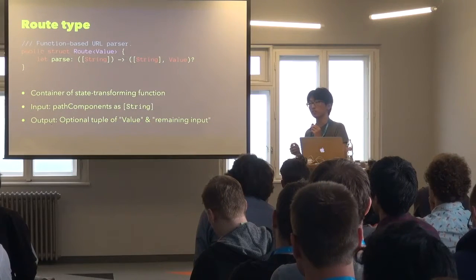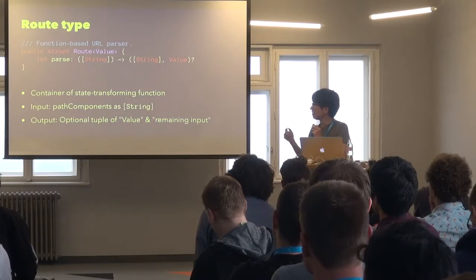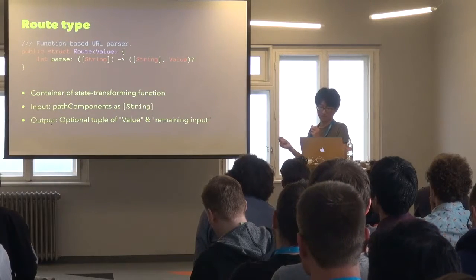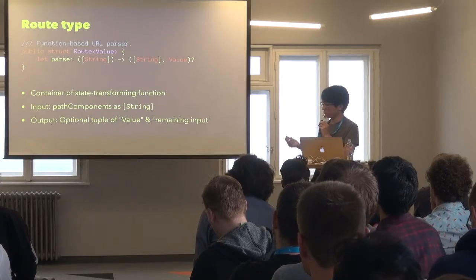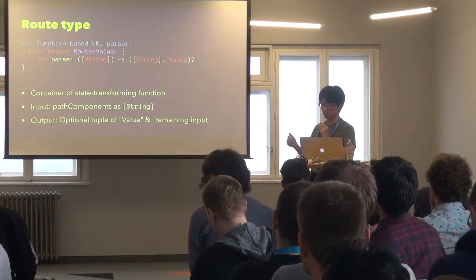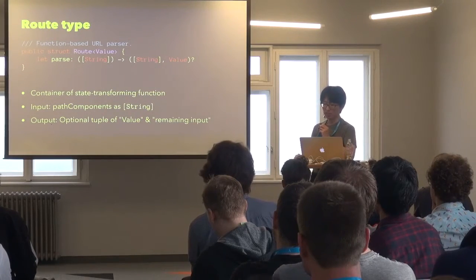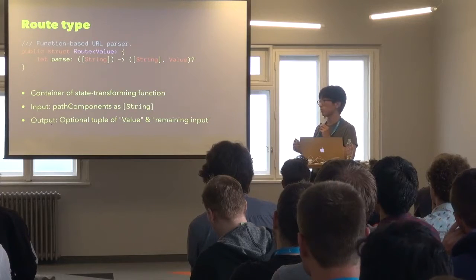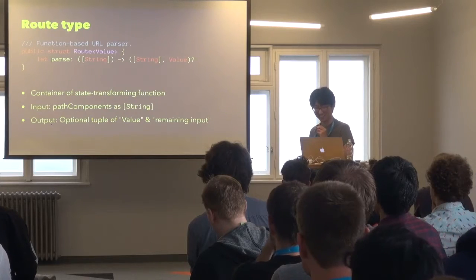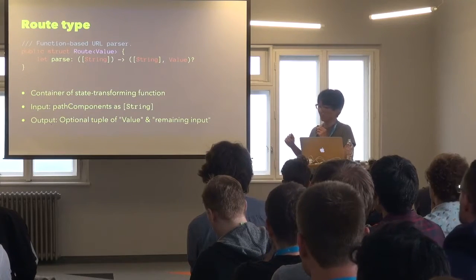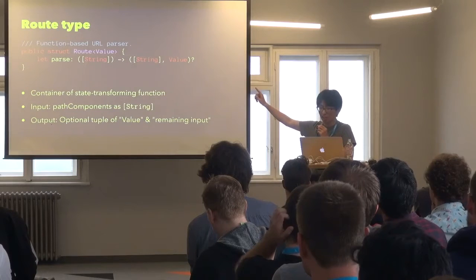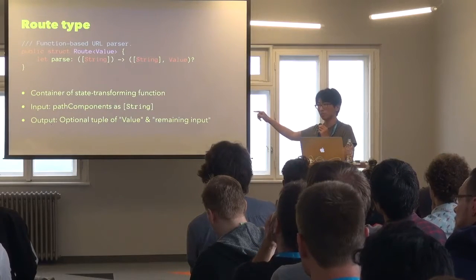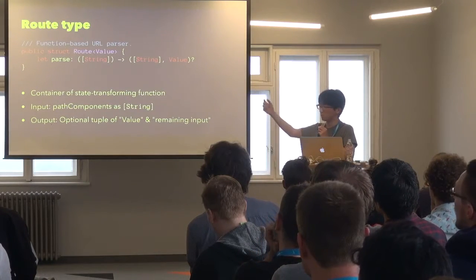This kind of structure is called a state monad, with the optional monad inside. If you have watched my previous Realm talk, the TriSwift talk, the structure is almost identical to struct Parser, so please check my video for more detail. The difference is that this takes an array of strings as an input, whereas in a parser combinator, it's basically just a plain string.